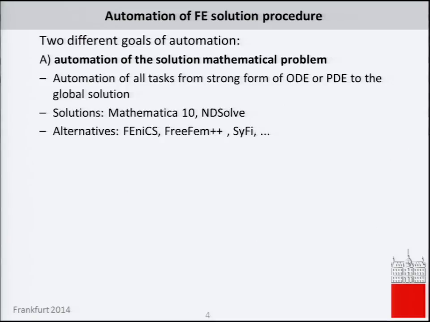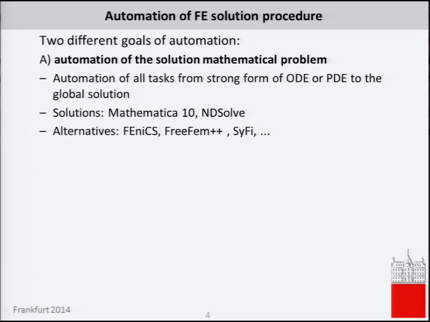If you want to do these M5 problems automatically, we can look for two different goals of automation. Just to do automatically everything from an ordinary or partial differential equation to the global solution.